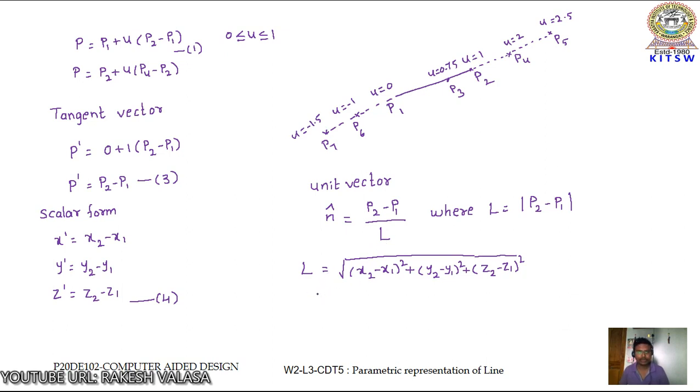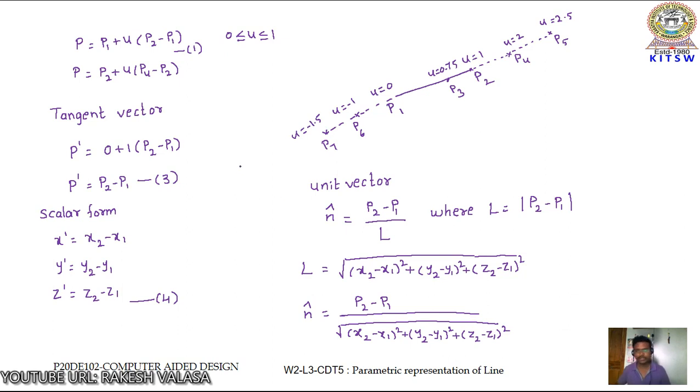You can get the unit vector n cap equal to P2 minus P1 divided by under root of x2 minus x1 whole square plus y2 minus y1 whole square plus z2 minus z1 whole square.